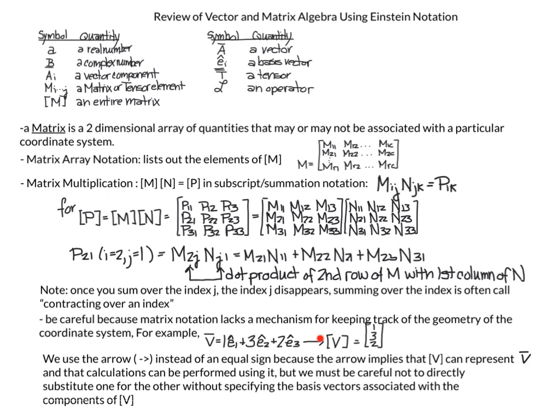So we use this arrow here instead of an equal sign because the arrow implies that this vector v can represent our vector v, and that calculations can be performed using it, but we must be careful not to directly substitute one for the other without specifying the basis vectors associated with the components of v.